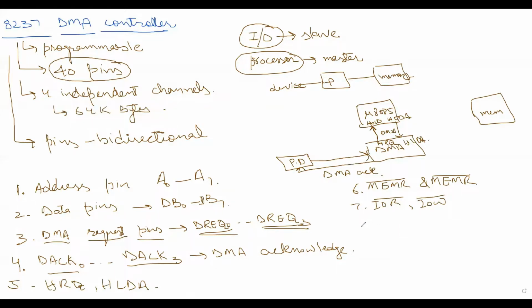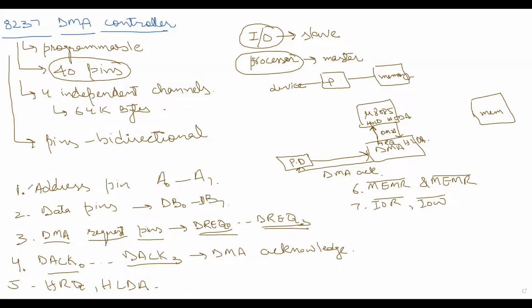Okay, fine. So these are some necessary pins that we have to discuss. There are many other pins. For example, there is a reset pin, a ready pin, a clock pin, and an end of process pin. We won't be discussing those pins here, but these are the important pins that everyone should remember that are there in the 8237 DMA controller.